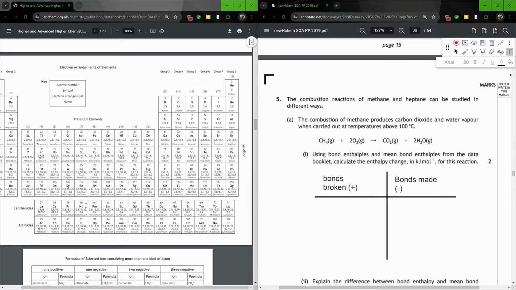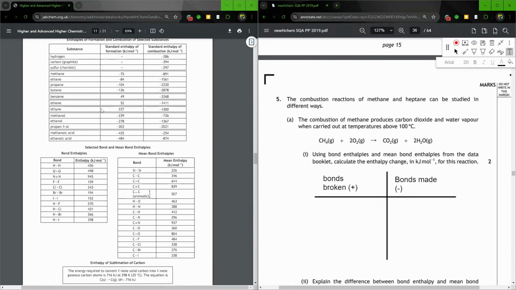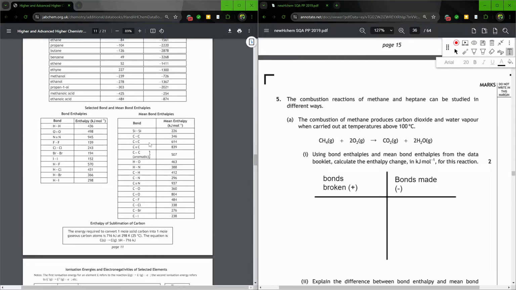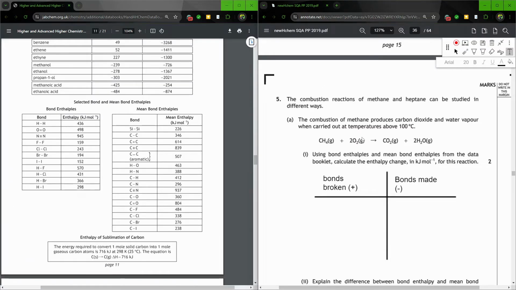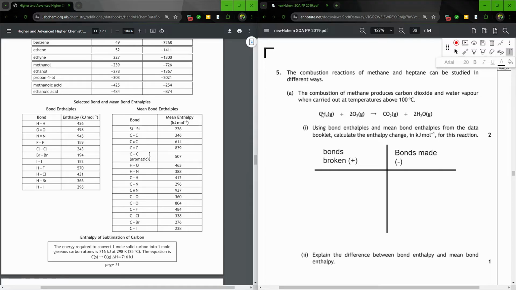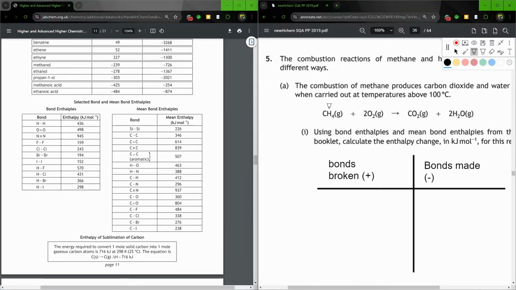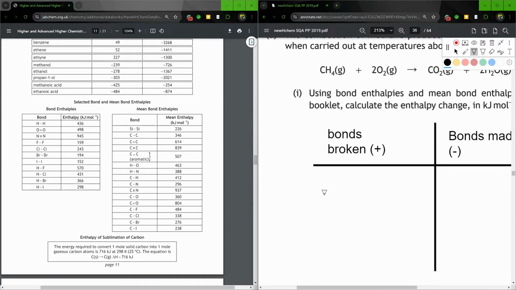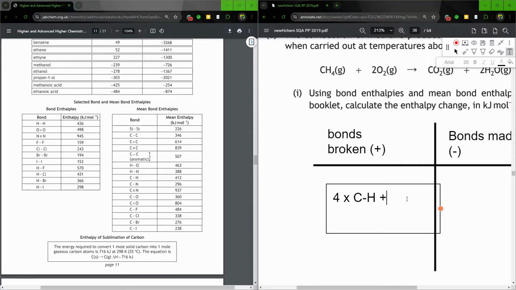Cool. So next, we're going to scroll down to our selected mean bond enthalpies on page 11, and we're going to start running through. So on here, I can clearly see with a methane molecule, that means that 4 times C-H is broken, which means that we're going to add 4 times the C-H, which is going to be on our mean table.